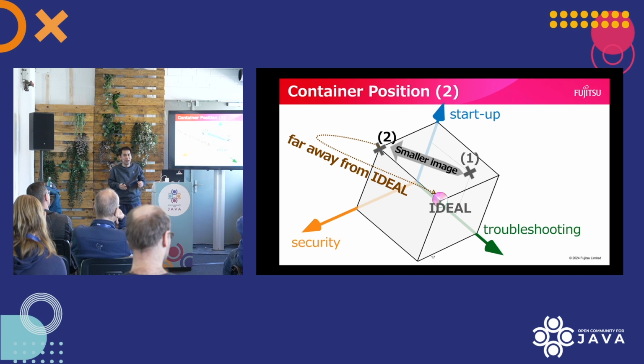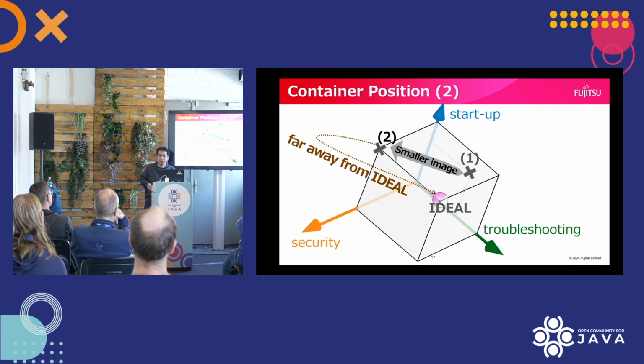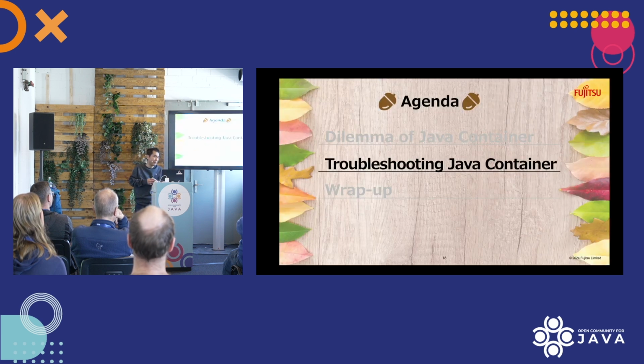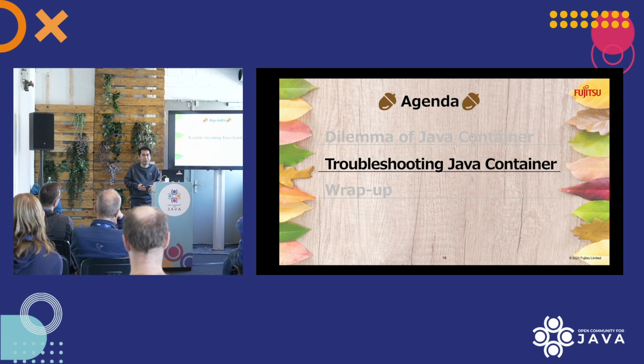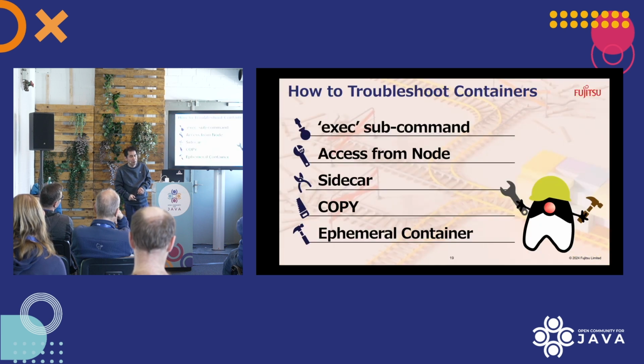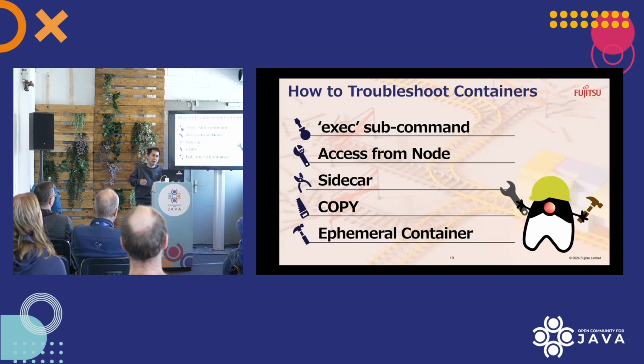But on the other hand, troubleshooting gets far away from the ideal position because we cannot use any useful troubleshooting tool in the smaller size image. Okay, next. So I will show some troubleshooting methods with smaller size image. We have a couple of ways, so let's look at them one by one.